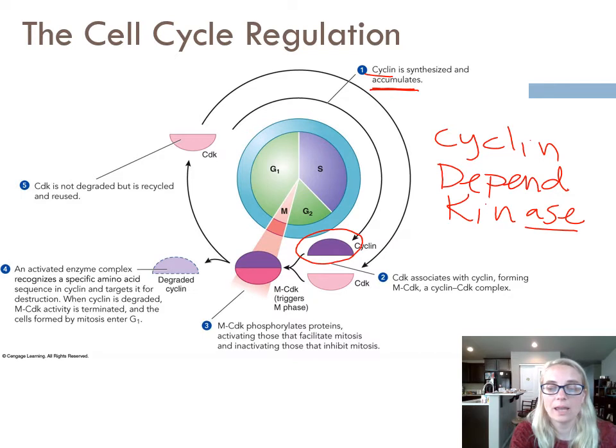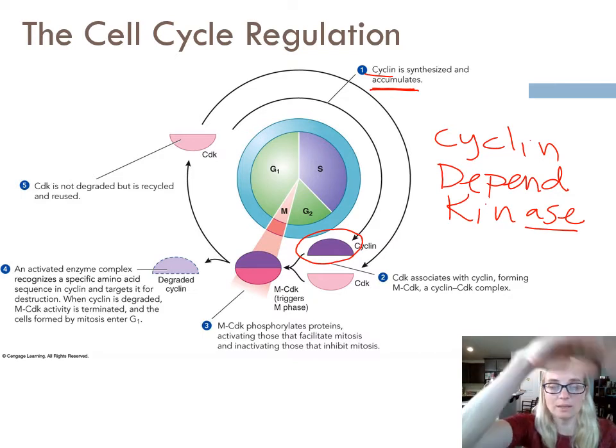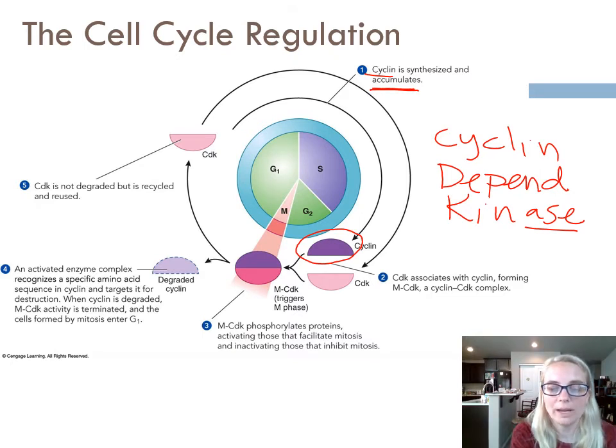So when these cyclin levels reach a peak at these various checkpoints, they'll bind to the CDK, and now you have your CDK cyclin complex. For this particular step, this triggers the M phase and allows the cell to progress from G2 to M. When you have a proper amount of the cyclin and the CDK, that's what will allow the cell to go into the mitosis phase.